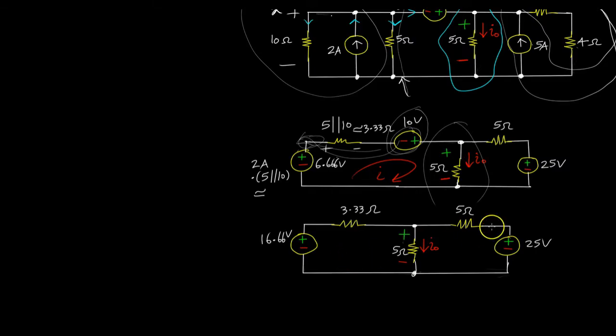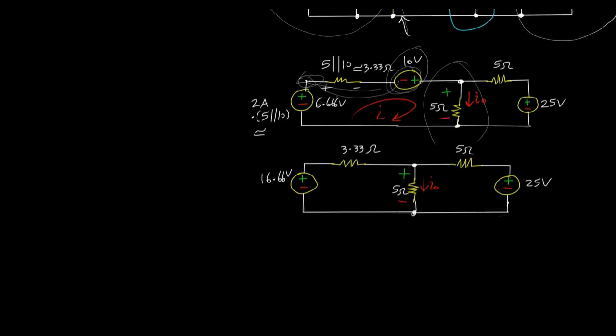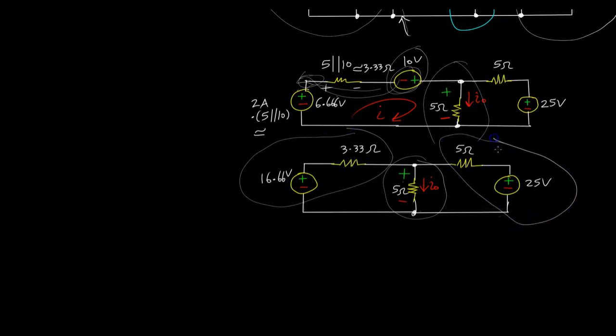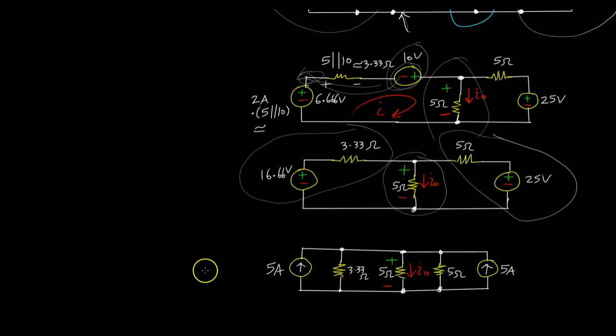And so continuing forward, because we can't move this guy, we can't really change it much if you want to keep things convenient. What we can do is another source transformation here and get everything in terms of current sources. If we do that, we get the following circuit. Having simplified this circuit by doing two source transformations once more, you can turn this into a current source in parallel with a resistance, and paying attention to the direction of the voltage source, plus and minus in this fashion would give you a current flowing in the upwards direction.